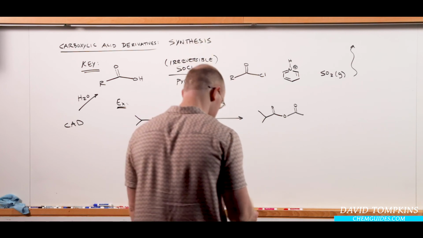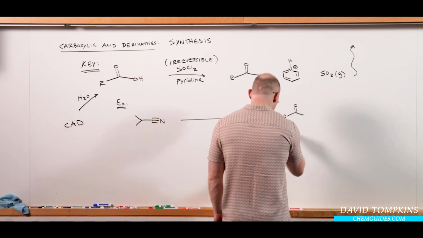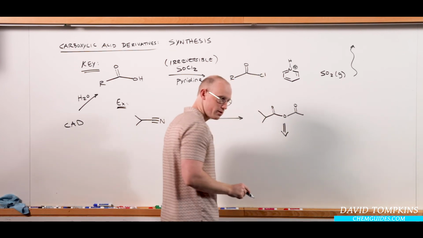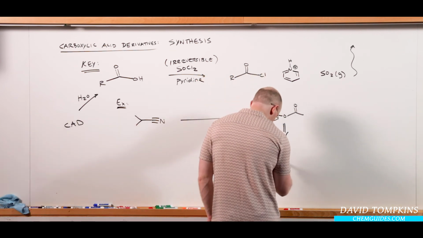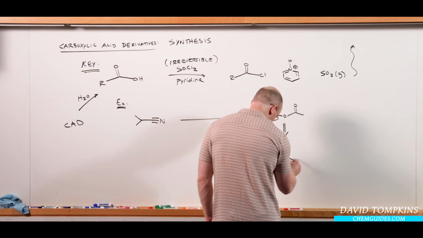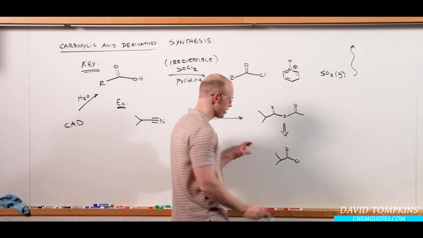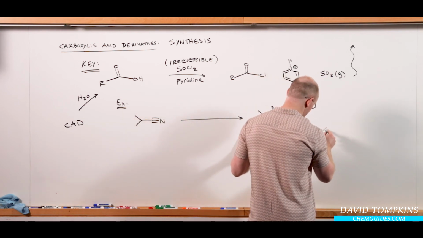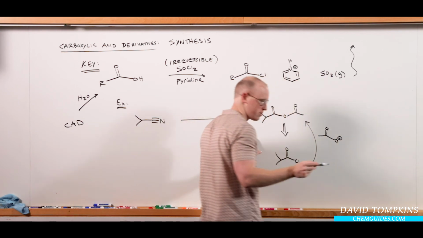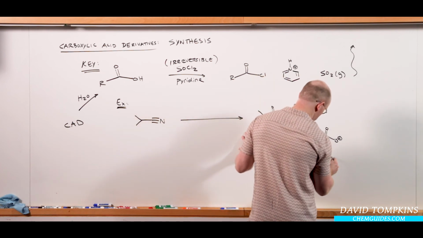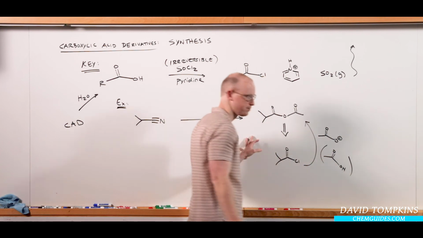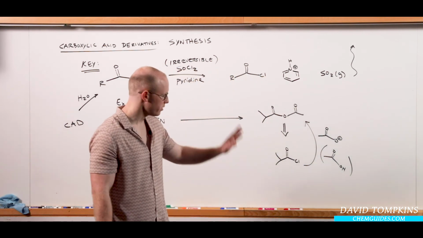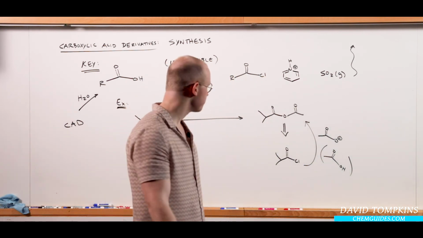However, we know the anhydride can be made from the more reactive chloride. You could achieve this by using acetate as the nucleophile, right? Or acetic acid. And that would be a product favored step.